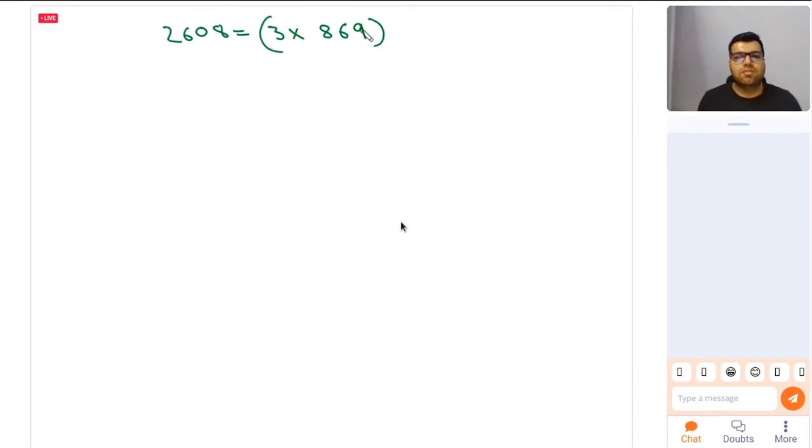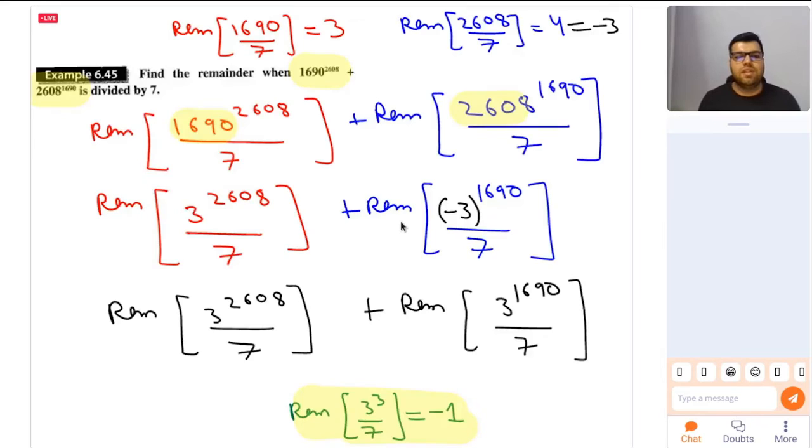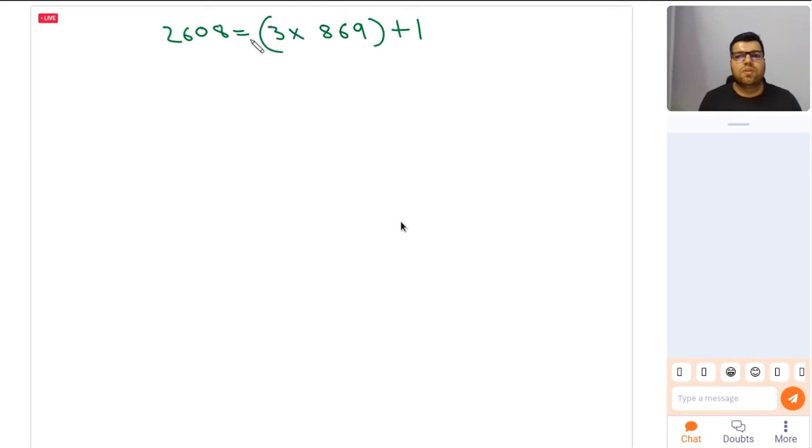So this is how we will break 2608. Then we have 1690. So this is 3 into 15. So this is 5. 19. 19 is 6. 10. 10 is 3 plus 1. Great. So our job is almost done now.